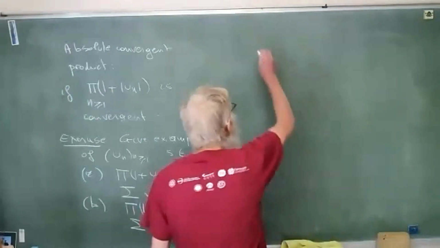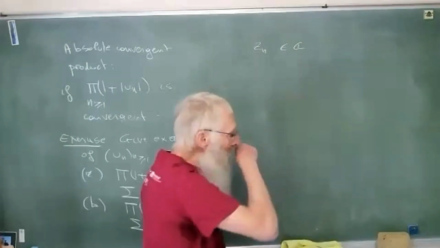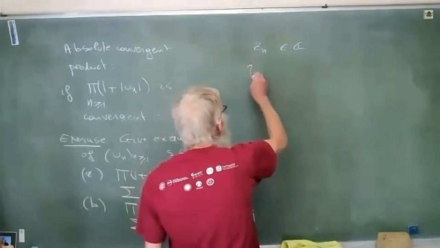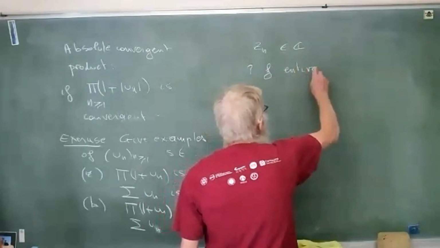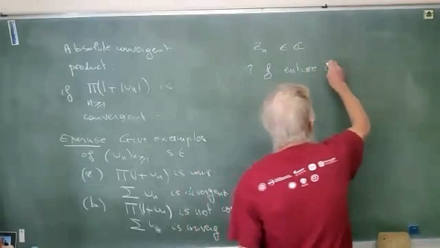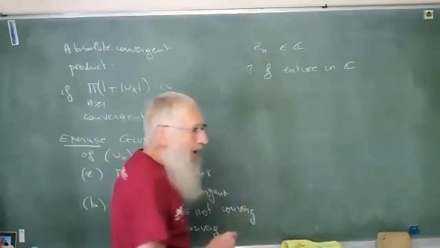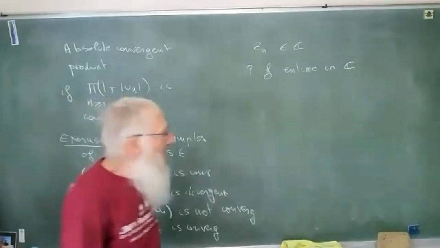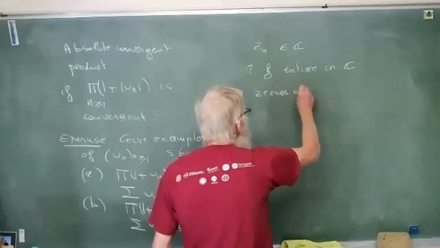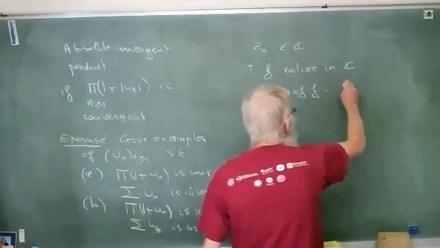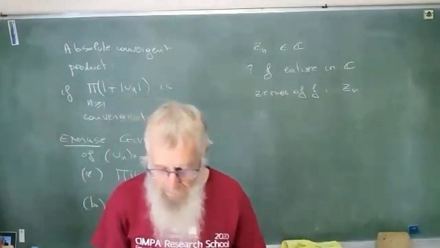So you have a sequence of complex numbers, and you want to find a function which is an entire function in C, so that the zeros of f are exactly the points Zn. Exactly, there is no other zero.